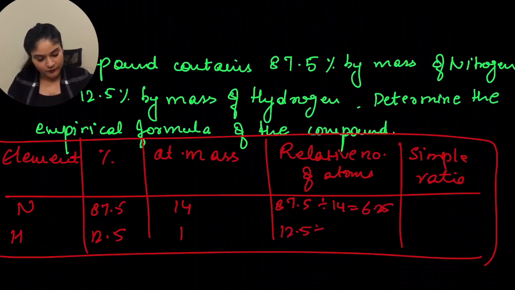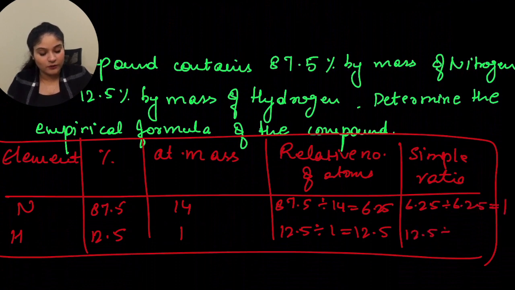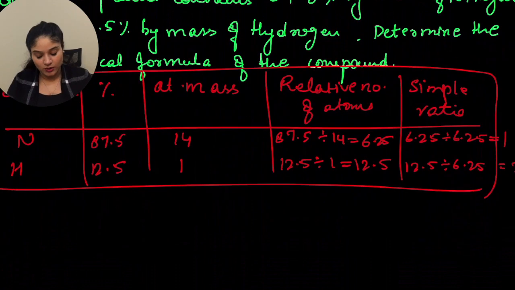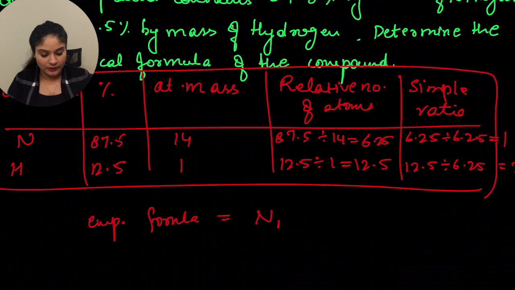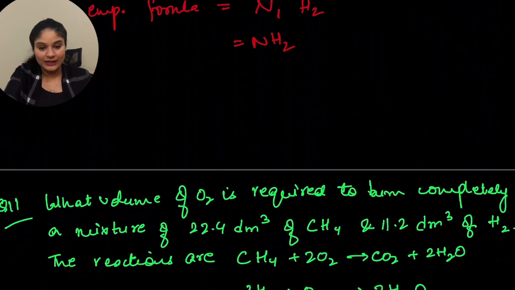Then 12.5 divided by 1, that's 12.5. Now when you calculate simple ratio, it would be 6.25 divided by 6.25, 1, and 12.5 divided by 6.25, that will be just 2. So your empirical formula, this is pretty easy, will be N1H2. So NH2 is your empirical formula. Let's move to the next question, students.